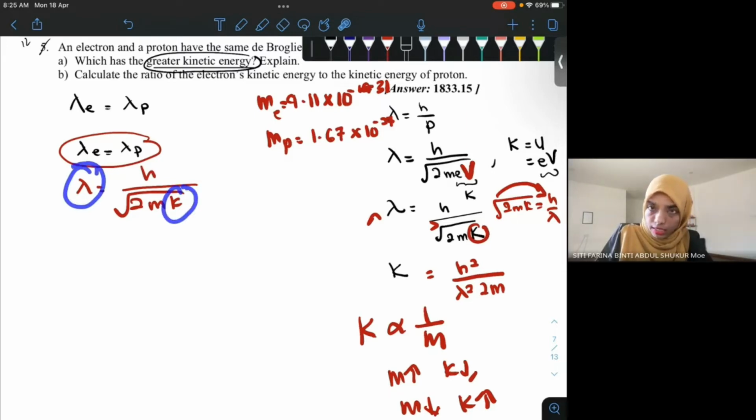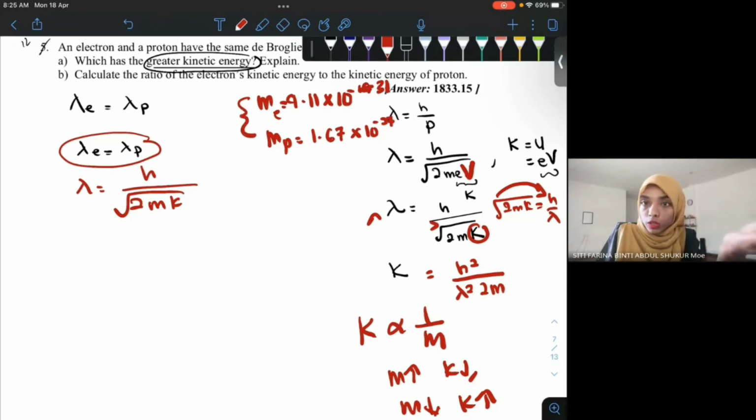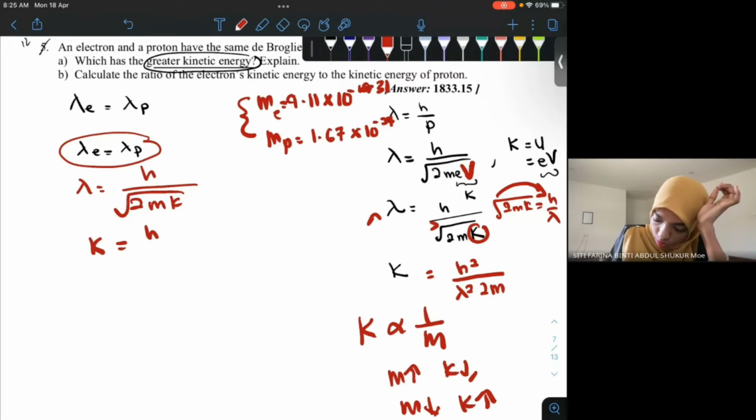Since lambda mereka sama, it is not going to show any relationship dekat sini lah sebab lambda mereka sama. Tapi kalau kamu tengok mass of electron dan mass of proton tidak sama because we are talking about two different particles dekat sini. So what is going to happen now is kita rearrange equation ini, kita akan dapat H square over 2m lambda square.